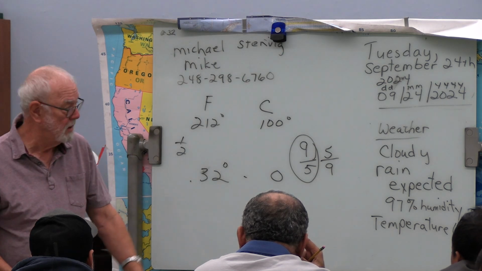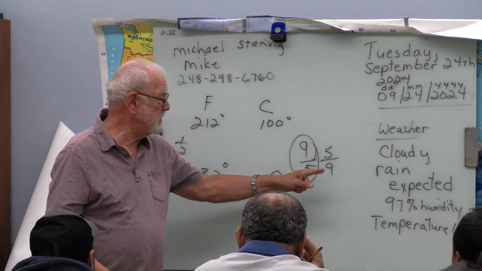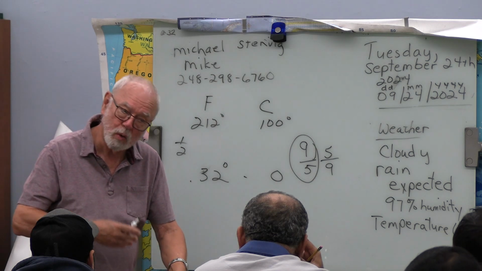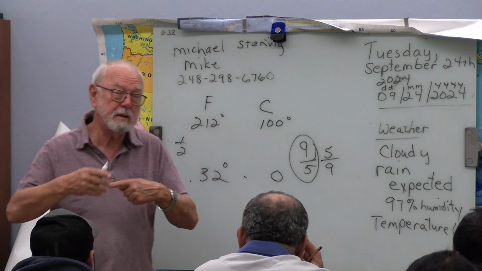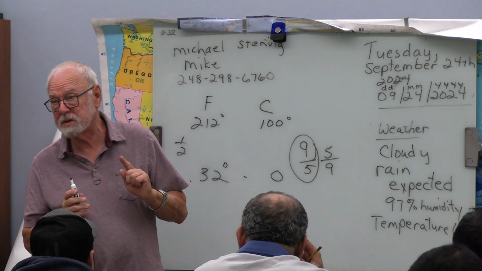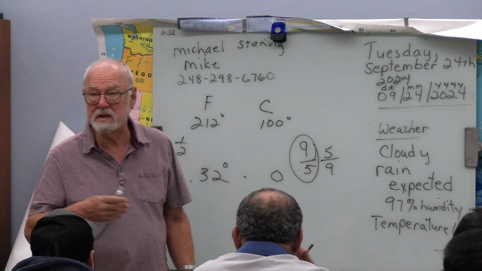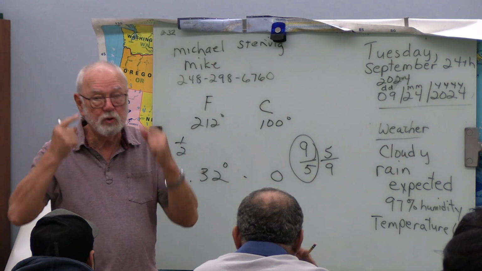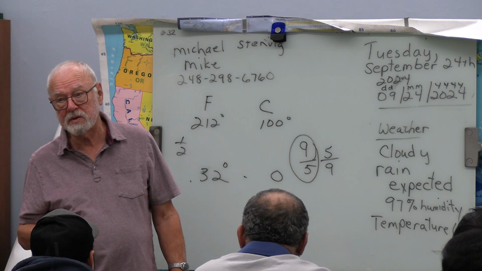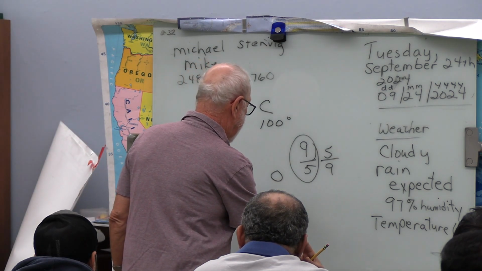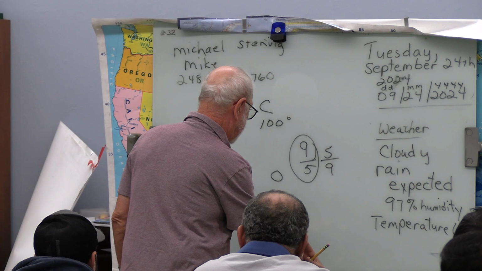5/9. If this was a 10, it would be half. So it's a fraction, not perfect, but it works. So if you wanted to turn this into a decimal, and you can do it in your head if you're good with numbers, what is 9 divided by 5?